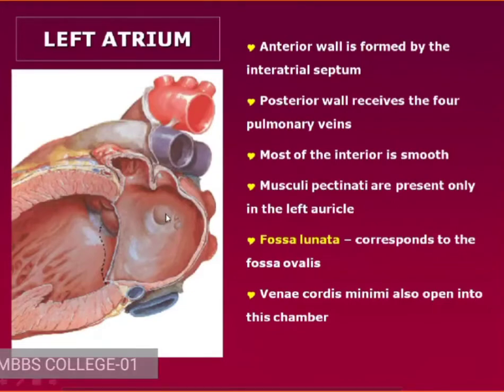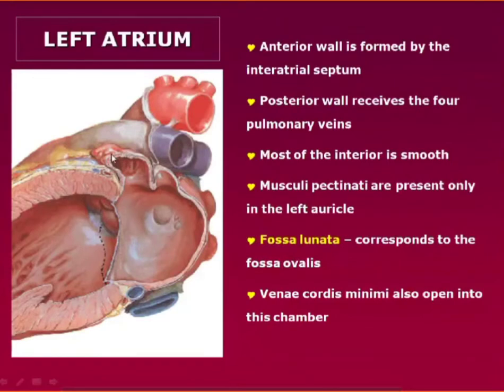Along with that, the veins which are draining are the 4 pulmonary veins. And in the septal wall, the fossa lunata corresponds to the fossa ovalis of the right atrium. And here you can see the musculi pectinati, which are only present within the left auricle.